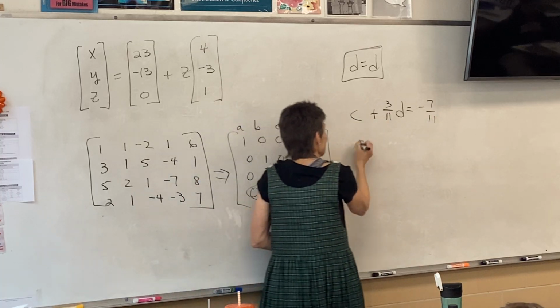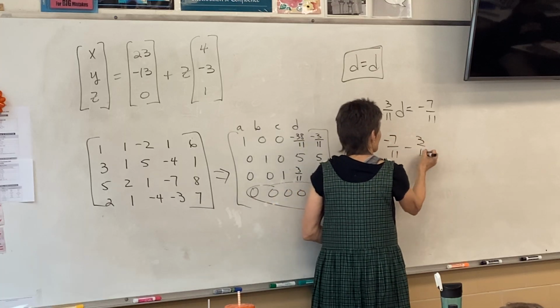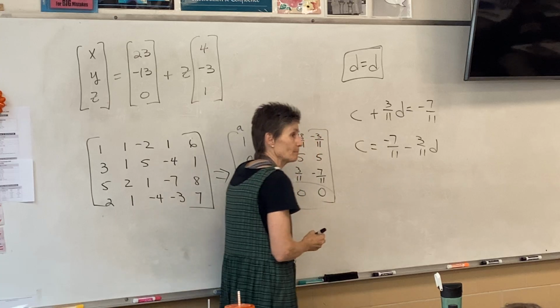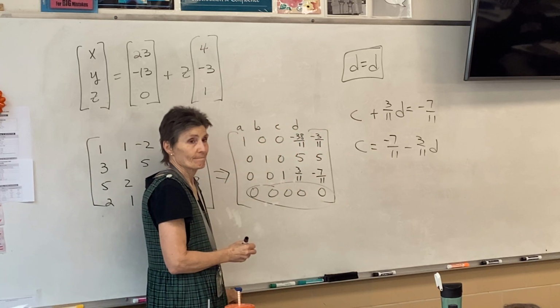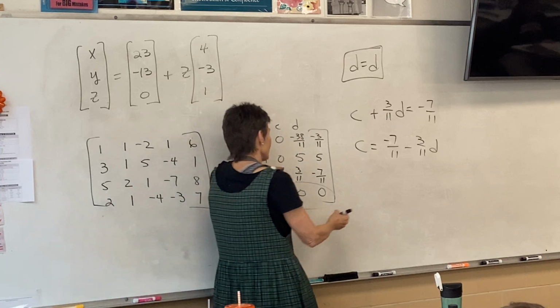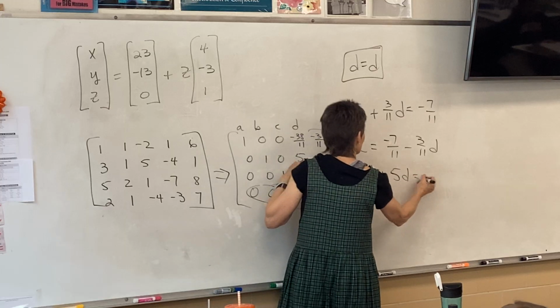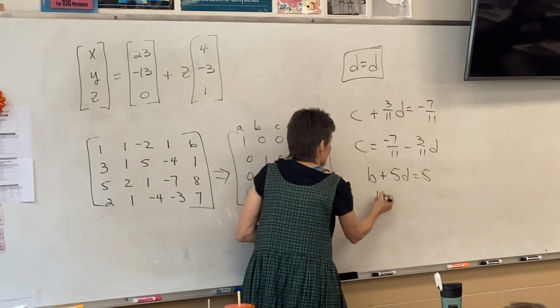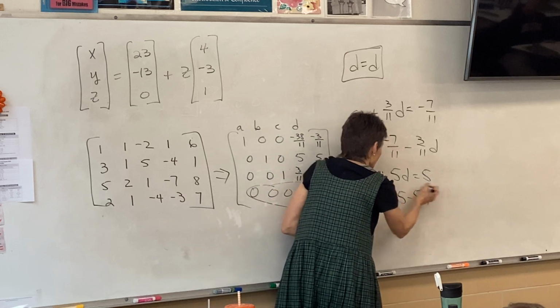So what does C equal? Negative 7/11 minus 3/11 D. What does the B row say? B plus 5D equals 5. So B equals 5 minus 5D.